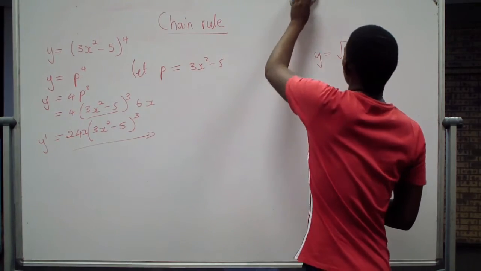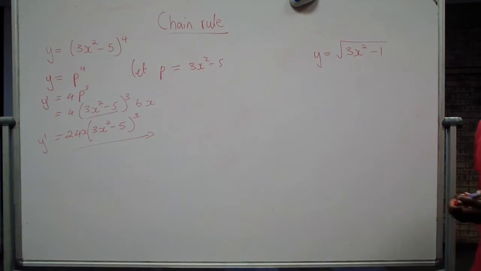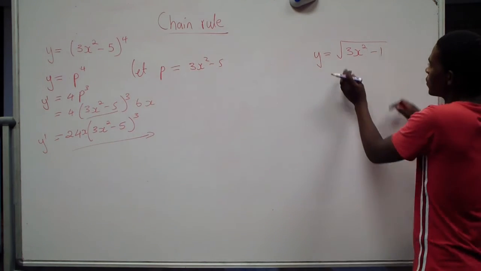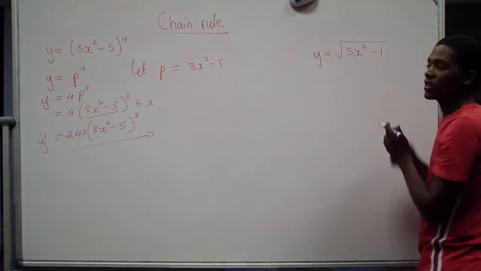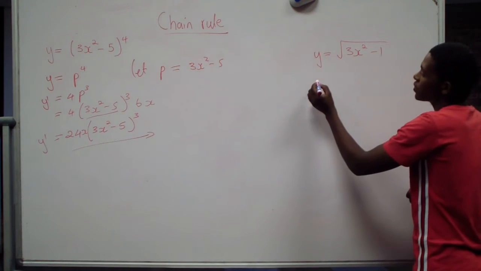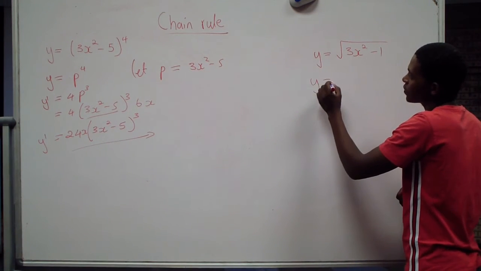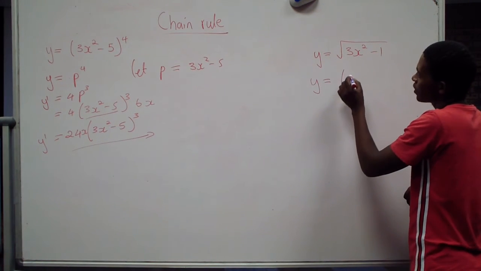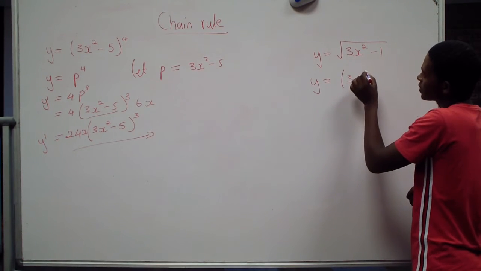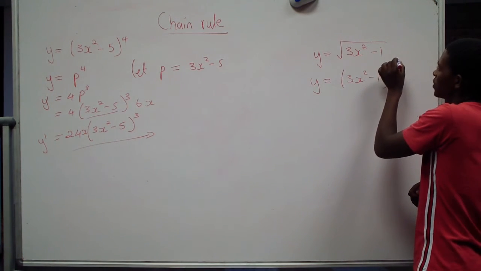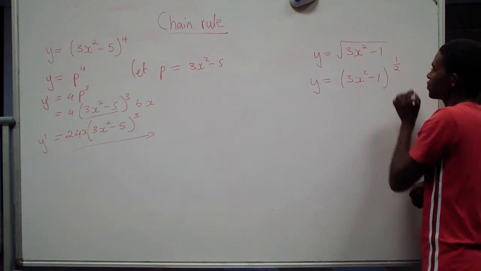So, coming to this, it is tricky. But what you need to do, you need to change your square root into an exponent. So I'll say y is equals to 3x squared minus 1 to the power 1 over 2.